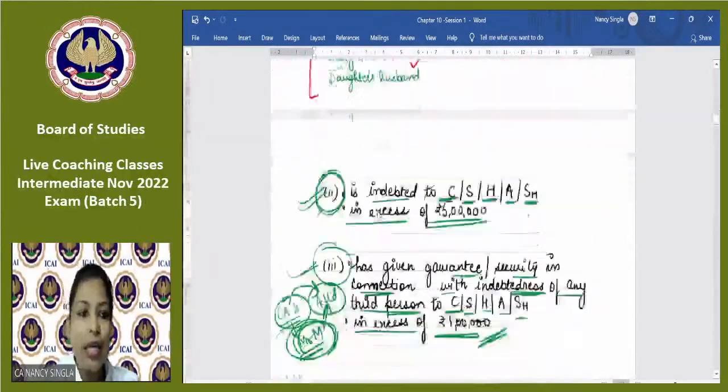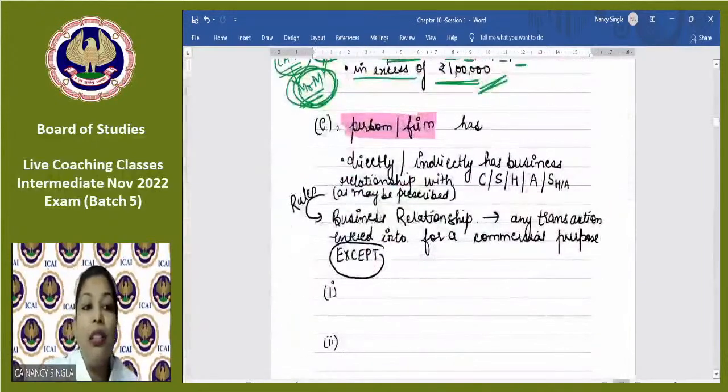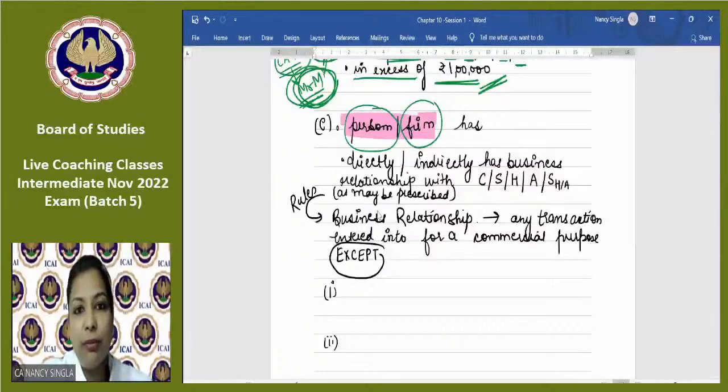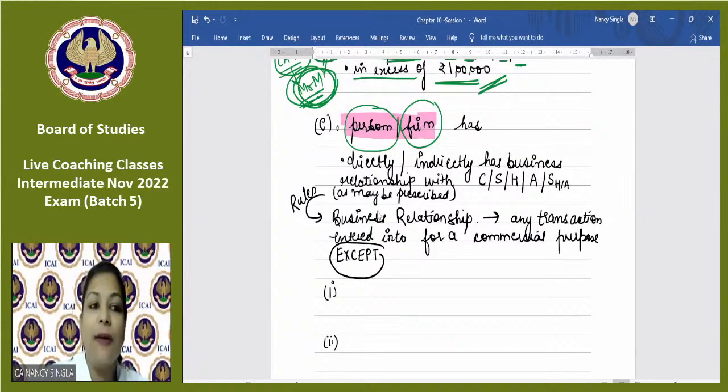ठीक है. Now clause E. The person, that is the CA or the audit firm जिसको appoint करना है. ठीक है. So the firm or the person is not eligible if the CA, or the firm, let's say Messrs. XY and Associates, जिसकी बात हो रही है, has directly or indirectly a business relationship with किसके साथ?